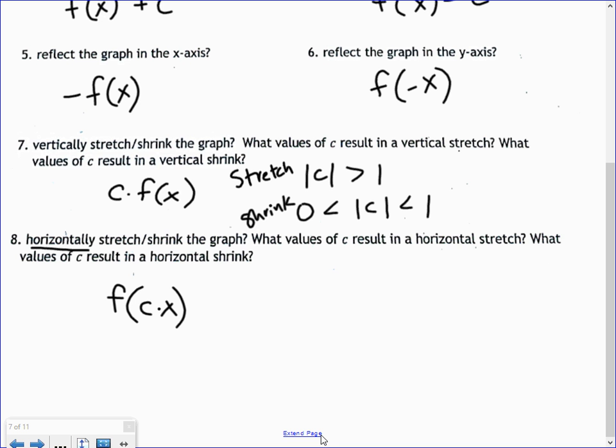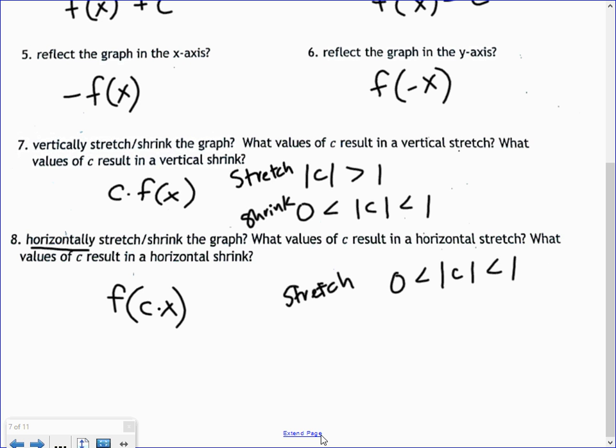And then horizontal is probably the one that Algebra 2 students don't like. It's the weirdest one, I think, for a lot of us. The way I remember horizontal stretches, it's just left and right. It's the opposite of what you think. So to horizontally stretch something, normally you'd think to use a bigger number. It's going to be those numbers that are between 0 and 1.